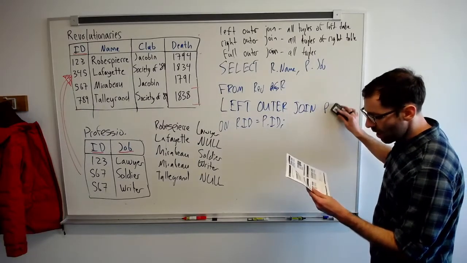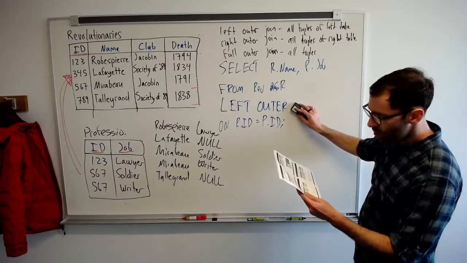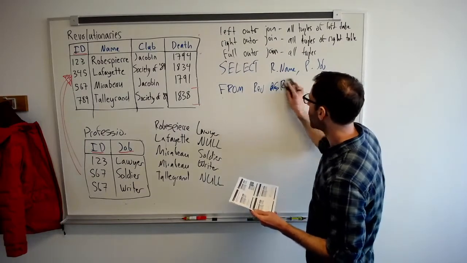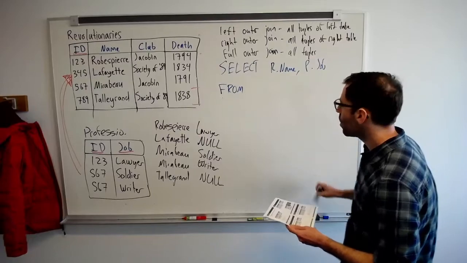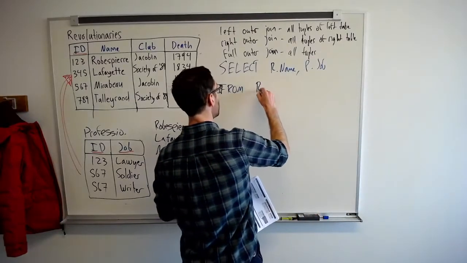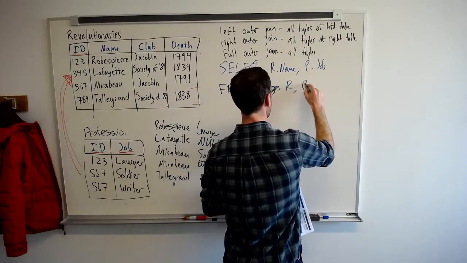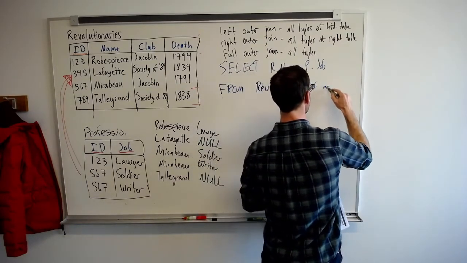So first we would think, well, maybe we can join them. Right? Maybe we could join our two tables, do an inner join.